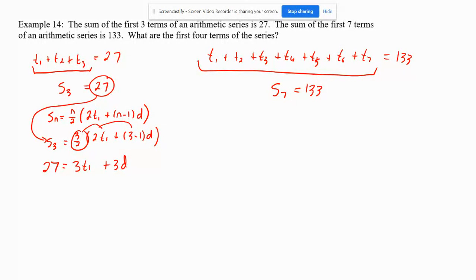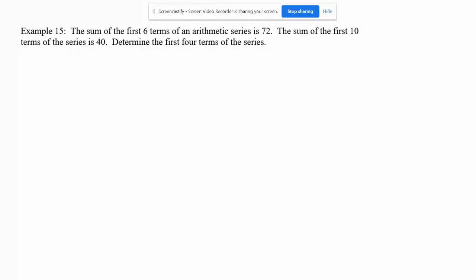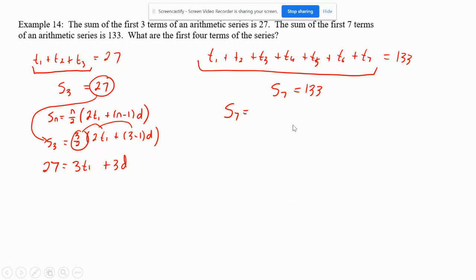So the same thing for S7. Okay, so S7 is 133.